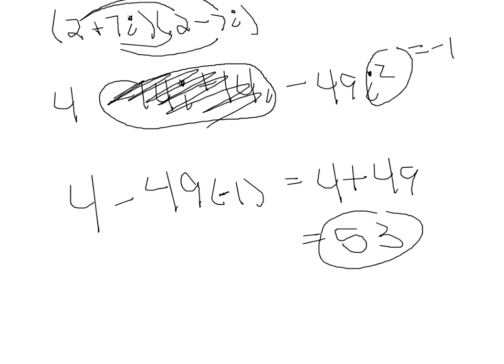Now, we might start to notice a little pattern here. What happens is we get the first two numbers multiplied together, so that's 2 times 2 is 4. And then we end up with the last two numbers squared, and it's positive. So this is in a special form.